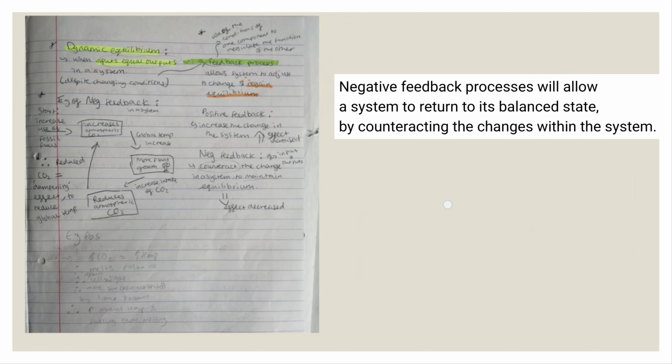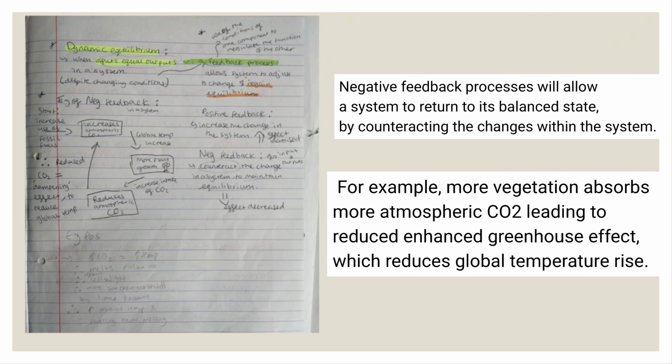For example, let's say we have high levels of carbon dioxide within our atmosphere. We can plant trees to absorb more of that carbon dioxide and lead to a reduction in atmospheric carbon, and this will cause a cooling effect. And then we are back to neutralizing the effects of our high temperature.